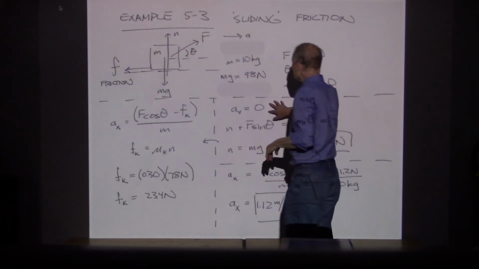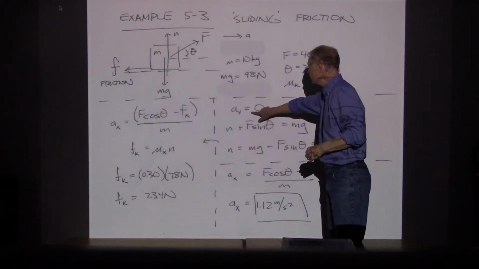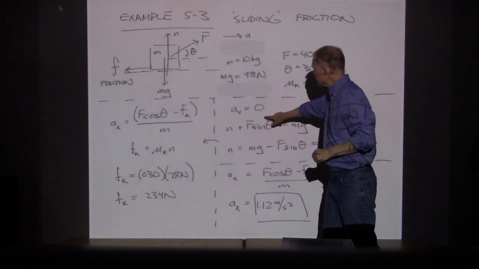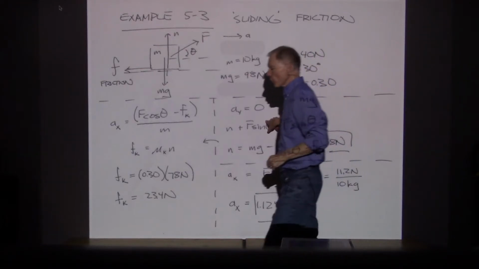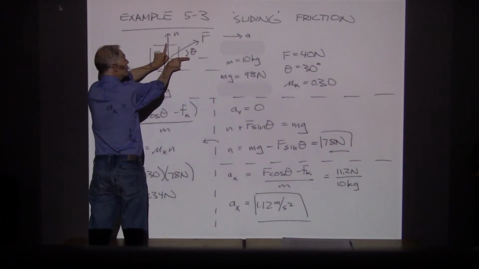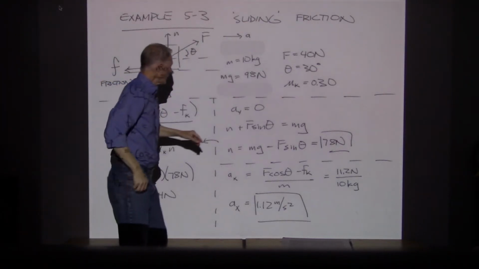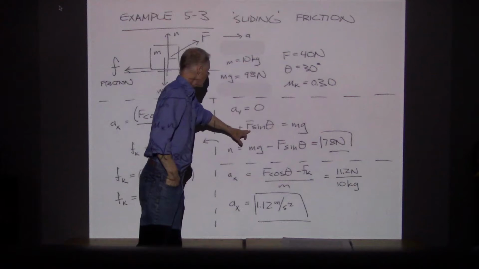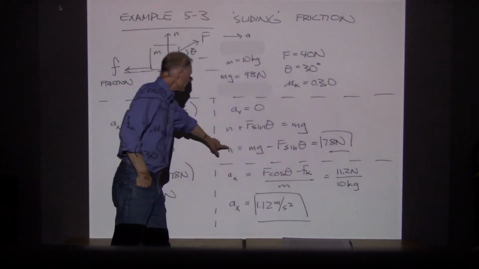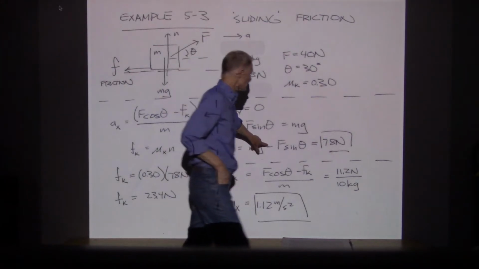If we take a look in the vertical direction, which we'll call y, it would have to be that N plus F sine theta, since we've got this force F divided into F cosine and F sine. So N plus F sine theta equals mg. When we solve for N, that's mg minus F sine theta.